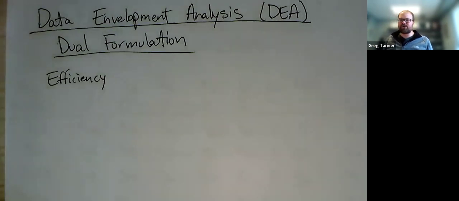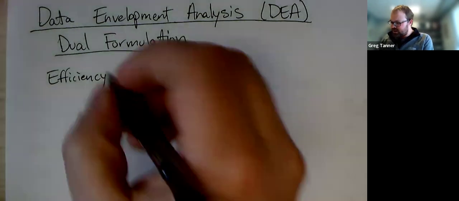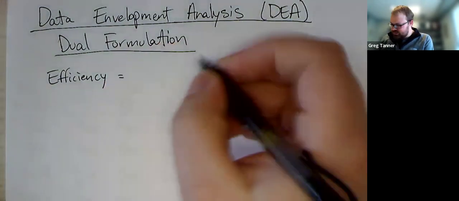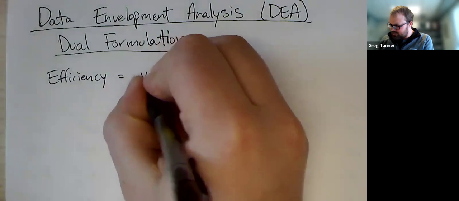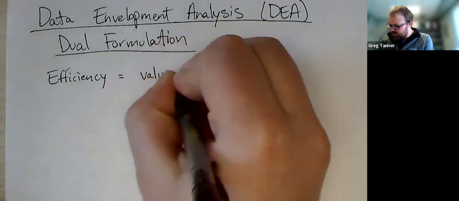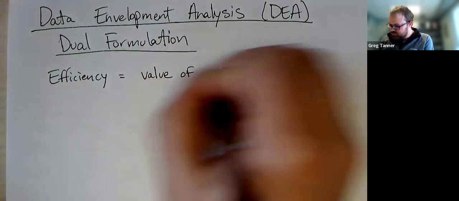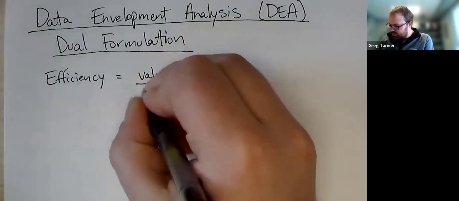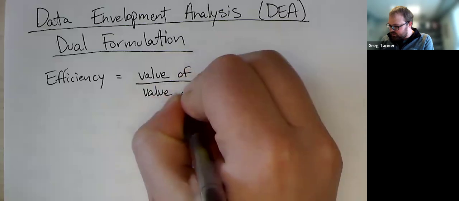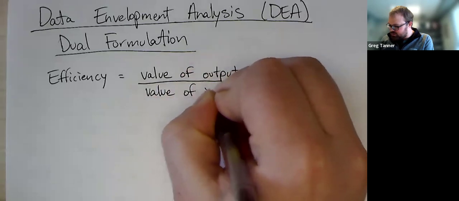So let's return to that idea of efficiency equals, and I'll put up here instead of just output, the value of all your output divided by the value of inputs.